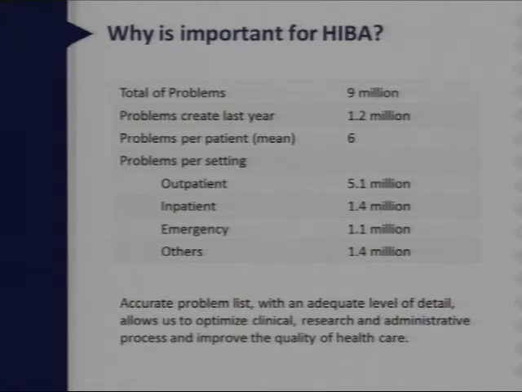If you look at where physicians create these problems, the ambulatory, outpatient settings create more than half of the problems in our system. So for us, an accurate problem list with an adequate level of detail allows us to optimize clinical care, the research process, and administrative tasks, and, in the end, improve the quality of care of our patients.